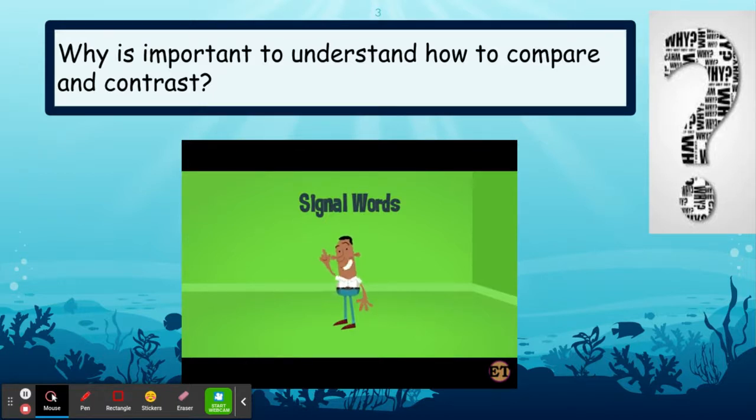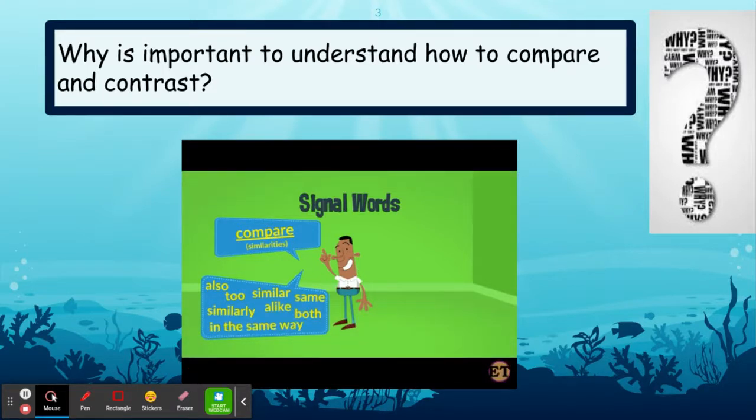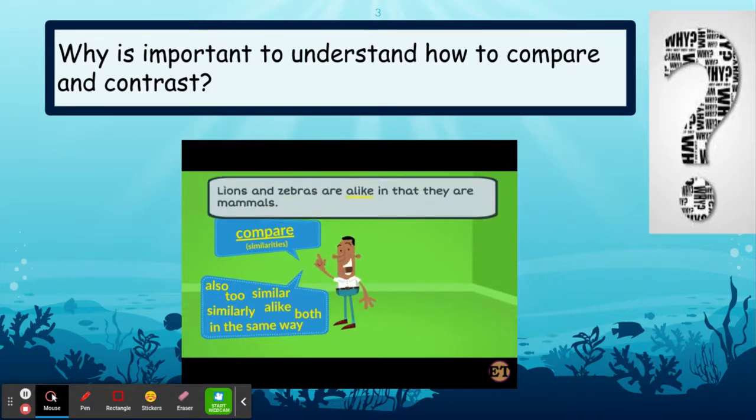These words or phrases are used to compare, in other words, to highlight similarities: also, to, similar, both, alike, same, similarly, in the same way. For example, lions and zebras are alike in that they are mammals.